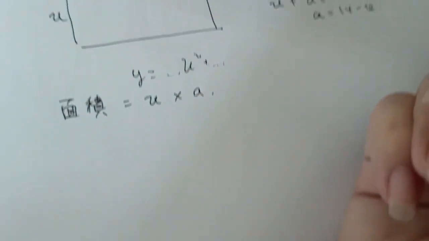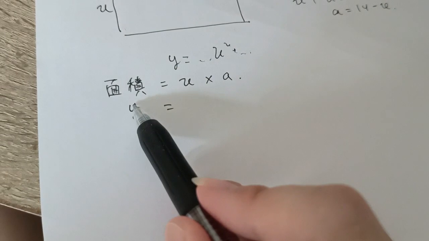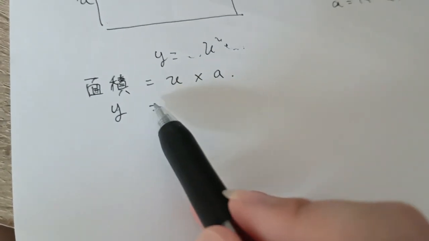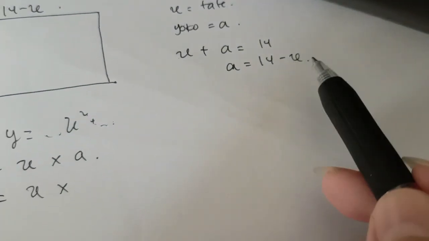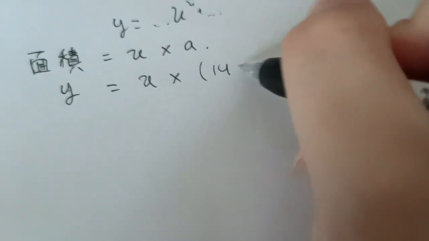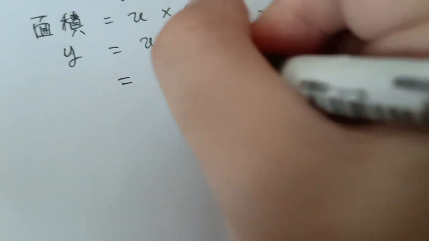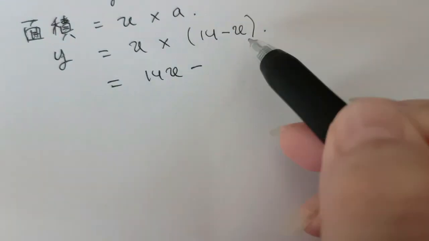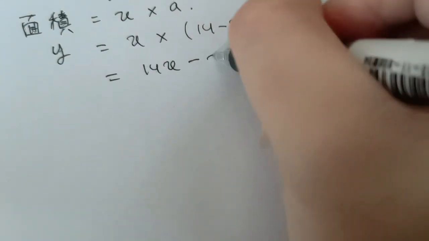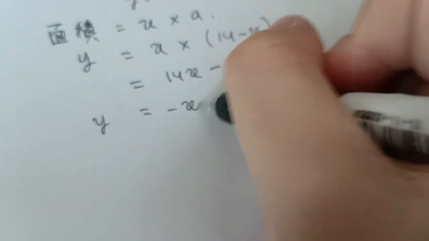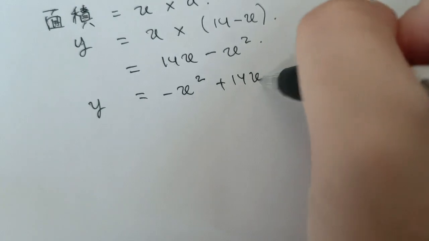It is x multiply A. So we define the menseki as y. y is x multiply A. A is 14 minus x. Let's find out. x multiply 14 is 14x. x multiply minus x is minus x squared. So y is minus x squared plus 14x.